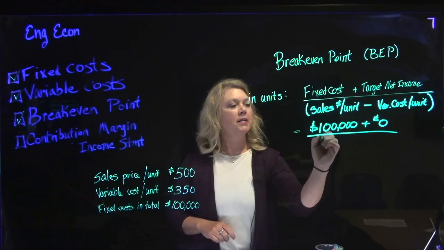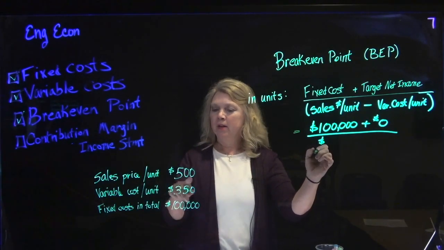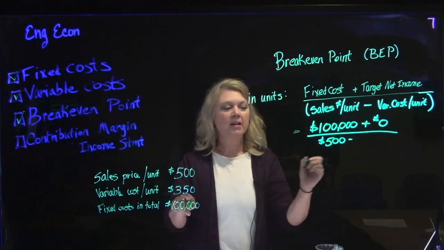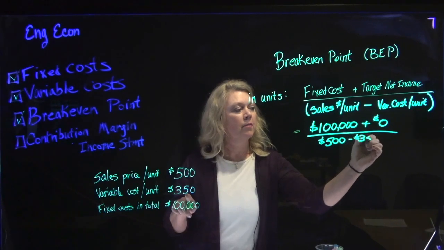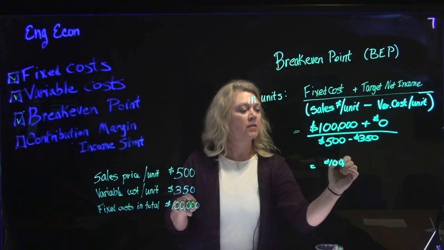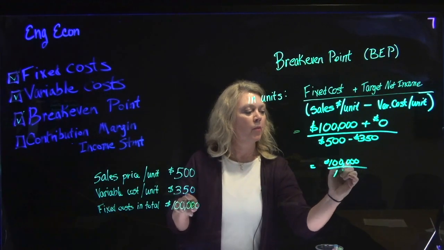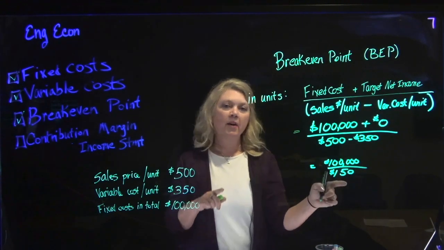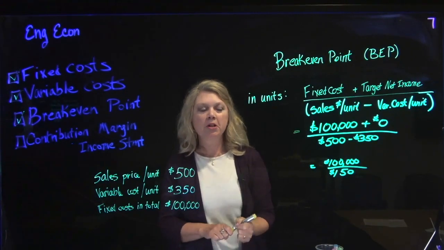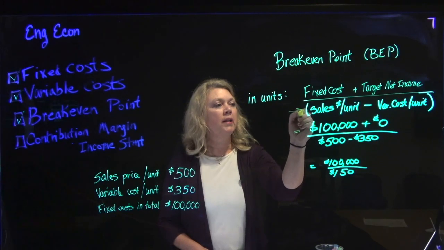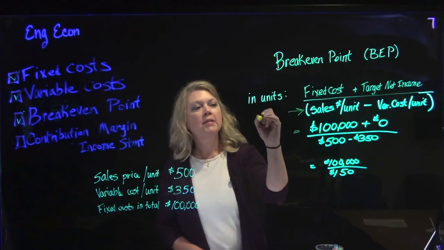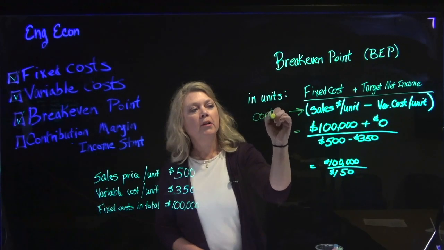That's break-even point. So our target net income will be 0. And then divide by sales per unit. Customers pay $500 for each unit, minus variable cost per unit, $350. That equals 100,000 divided by $150. Now that $150 has a special name. It's called contribution margin. Sales dollars per unit minus variable cost per unit is an important subtotal, and we're going to use it more in a minute.